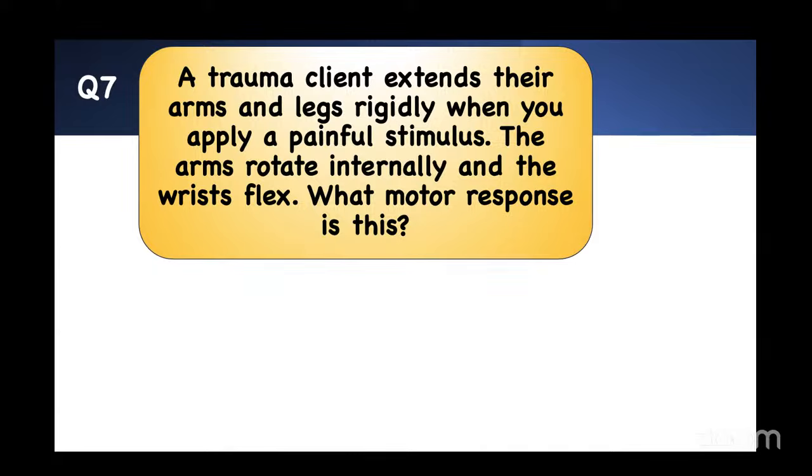This is a model exam that they like to give you. They can confuse you. Extend their arm and the leg when you apply painful stimuli. That's the motor response. And then their wrist would do what? Flex, and then the whole arm internally rotates.